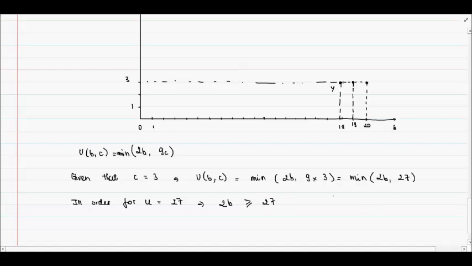If it is smaller than 27, then the utility is going to equal that smaller value, which is not 27 anymore, which is not the indifference curve that we want to talk about.